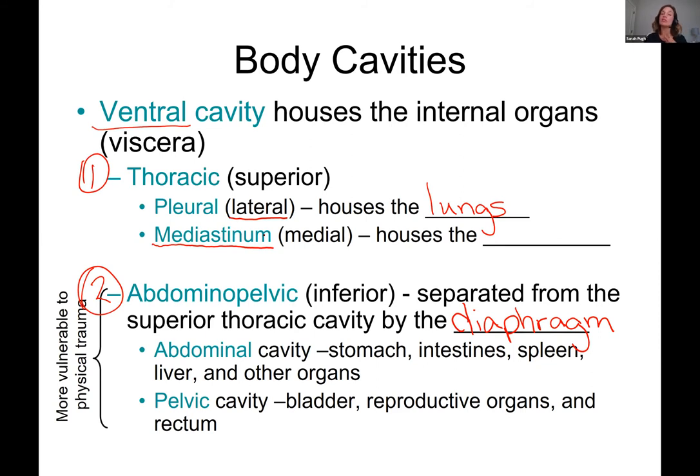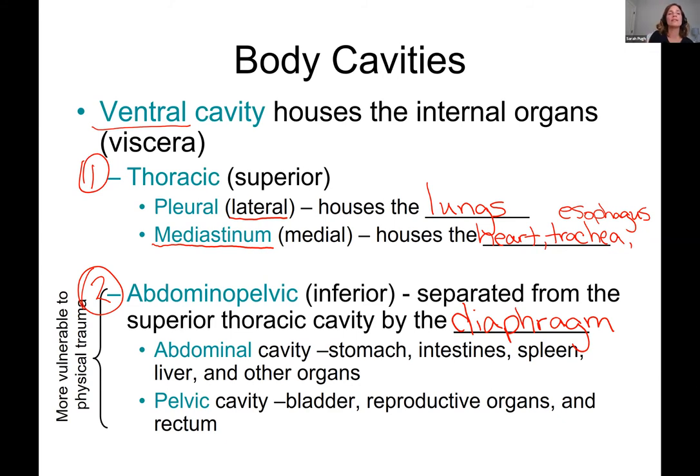And it's medial, so it's in the middle. And this is going to house things like the heart, the trachea, the esophagus. So that's everything kind of right in the middle that would be found between the lungs.